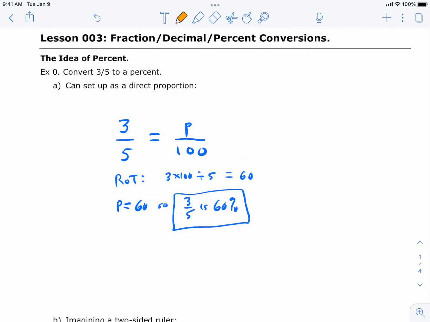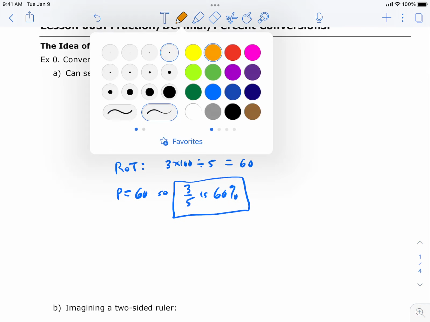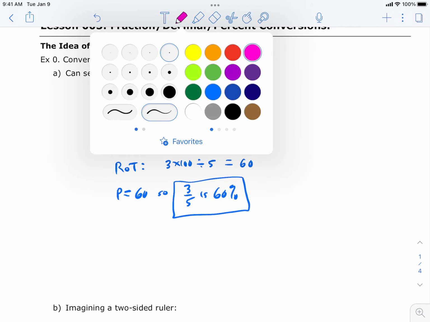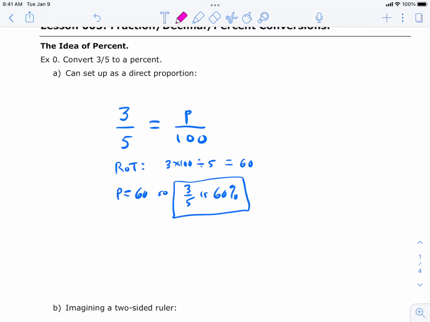I really do. Because, again, the whole idea is that a percentage just means out of 100. In fact, that's worth writing down here. The percent symbol literally stands for the phrase, of 100 equal parts.